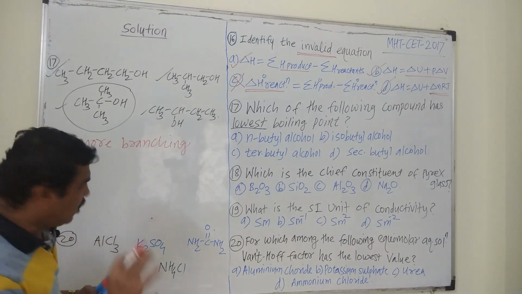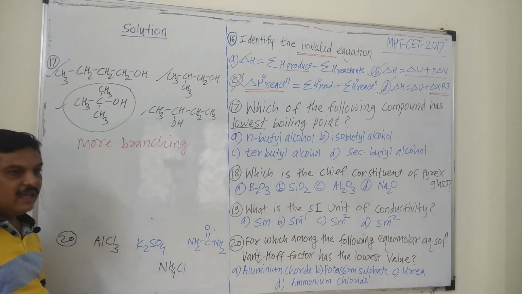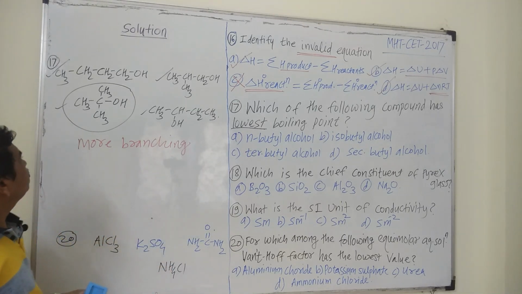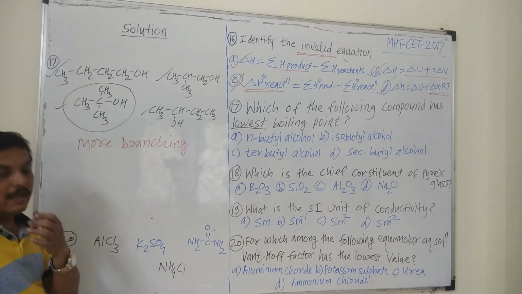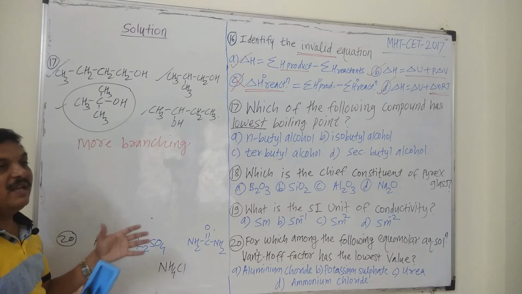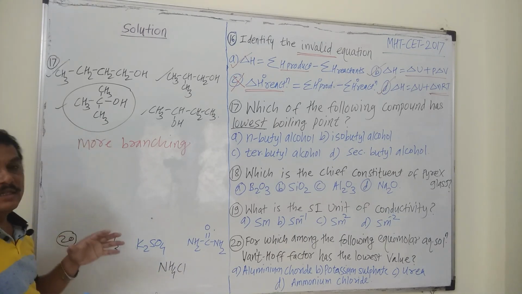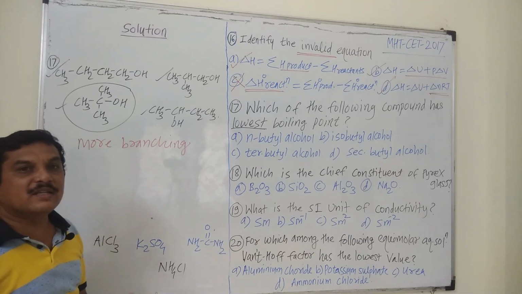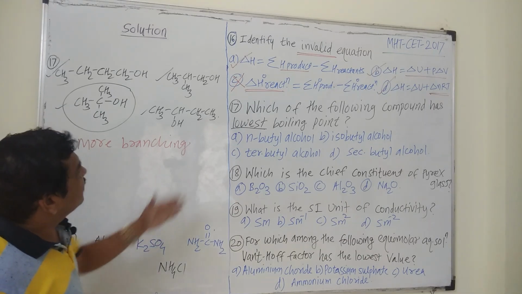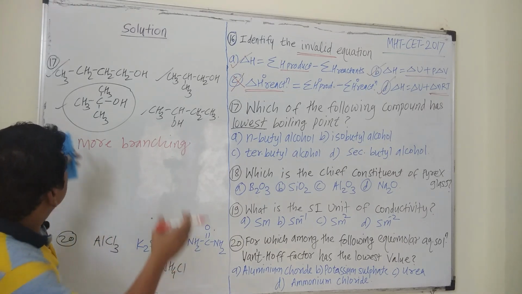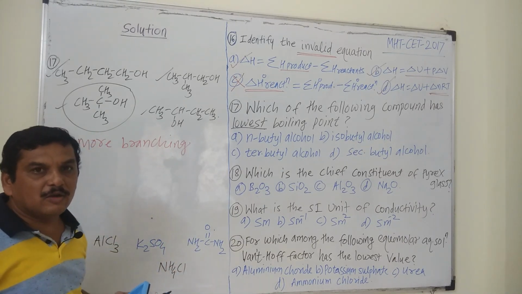As the branching increases, surface area decreases, and due to the decrease in surface area, van der Waals force of attraction decreases, and hence it has the lowest boiling point, because fewer molecules are associated together.